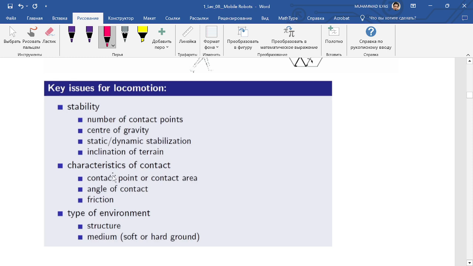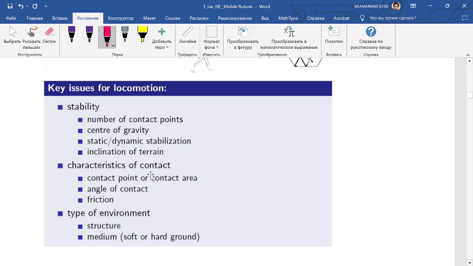The second thing is what type of contact we have with the ground. Our contact area determines the friction between our robot and the ground. The more friction we have, the easier we can move on the ground. If we have zero friction, it is hard to move on the ground. Angle of contact and friction: these are the characteristics of the contact with the ground with our locomotion system.